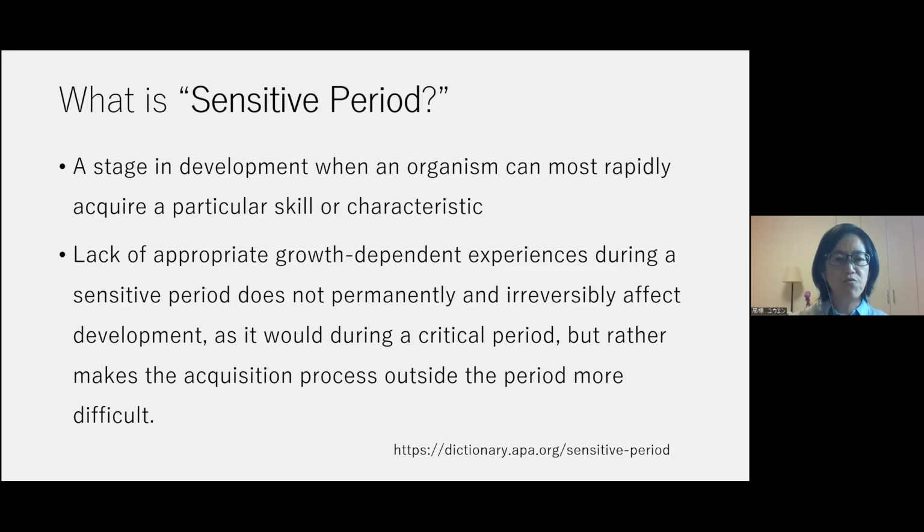So for the supporters of the sensitive period, if we learn during that period, we can learn faster. But if we didn't learn a second language during that sensitive period, it doesn't mean that we can never learn it. It just makes it more difficult to obtain the skill.